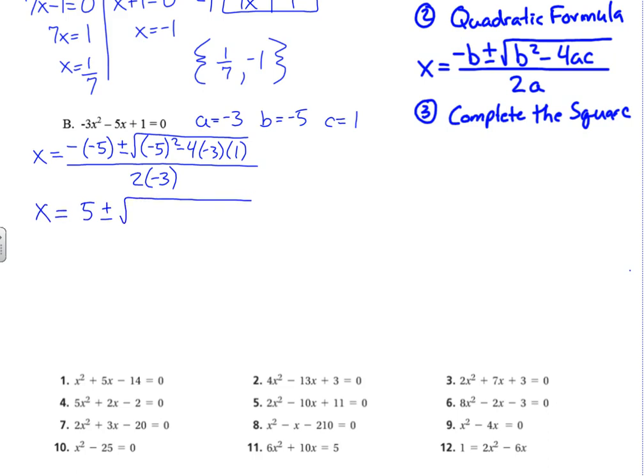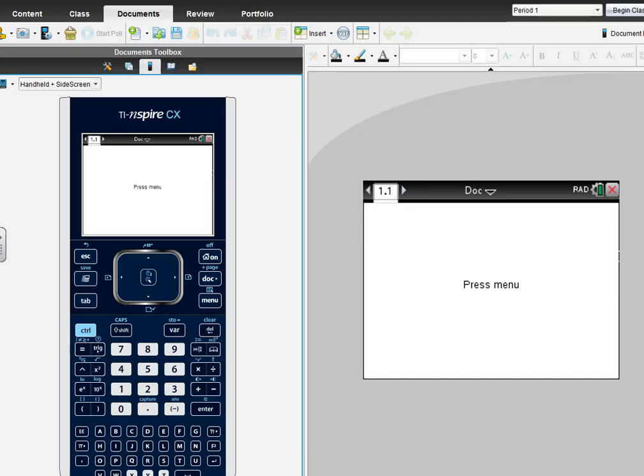And then what I like to do is simplify everything inside the square root all at the same time. So if we go to our calculator here, and I put this in, is this showing up for me? So -5. I don't know why my screen is not showing up on here.